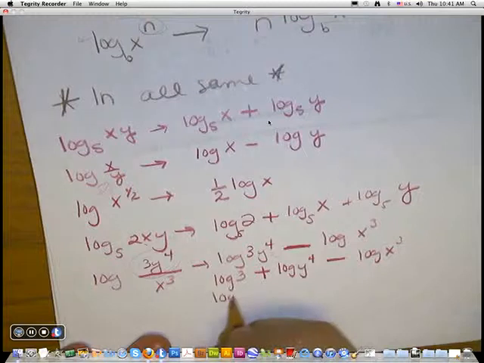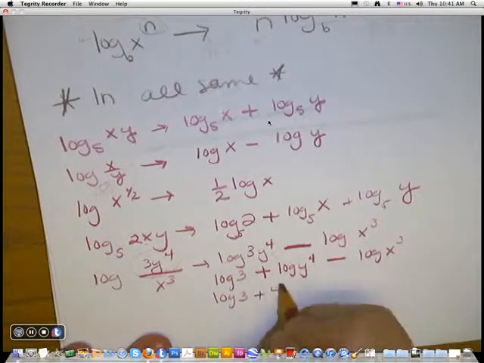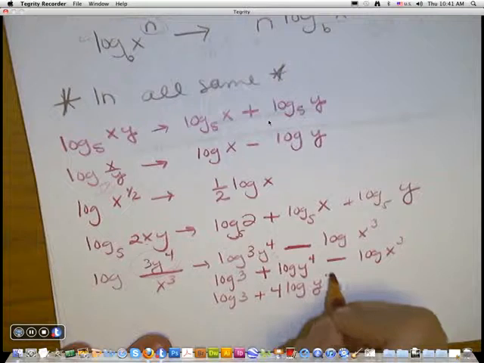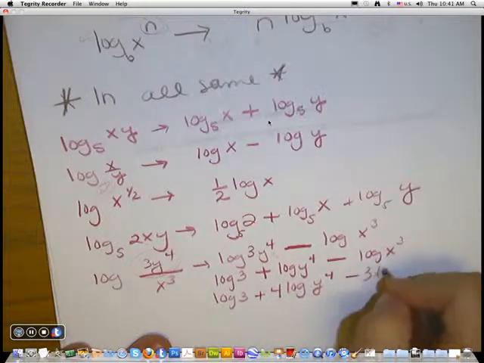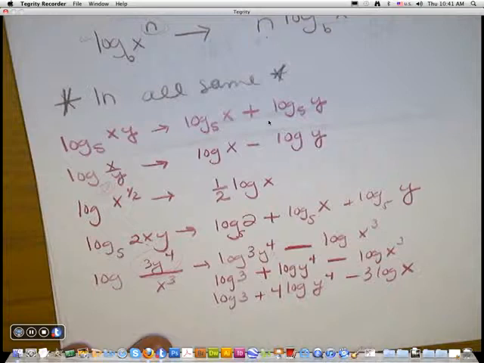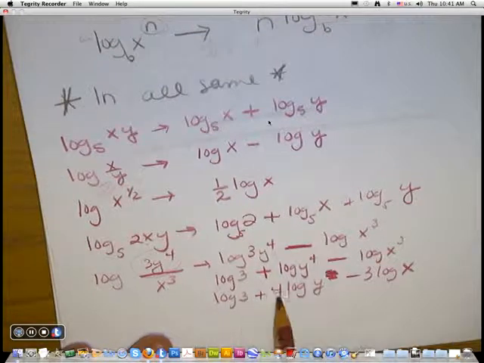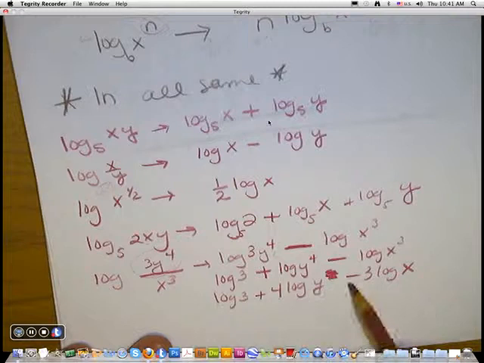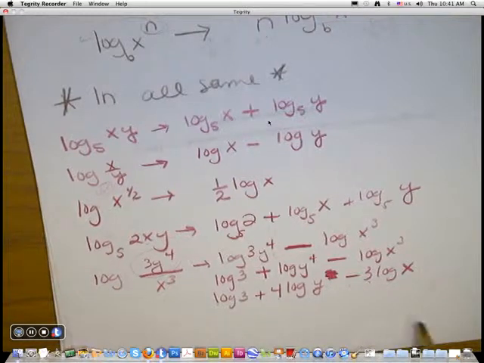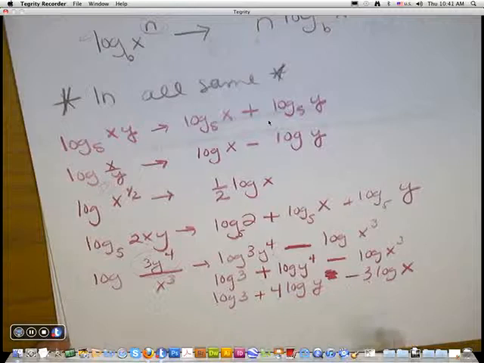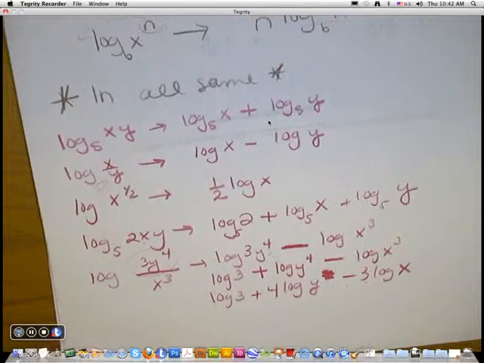And now I'm going to move the exponents out front as coefficients. It's log 3 plus 4 log y minus 3 log x. So there are multiple steps and multiple properties that you may need to use. In this case, we used all of them: addition, subtraction, and the exponent.